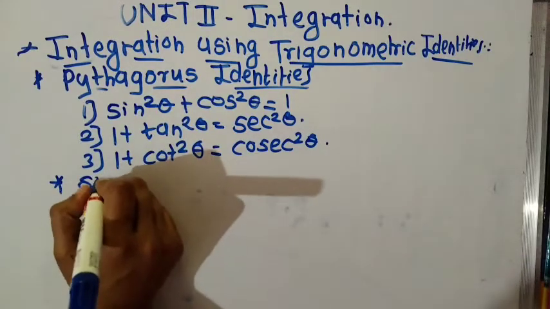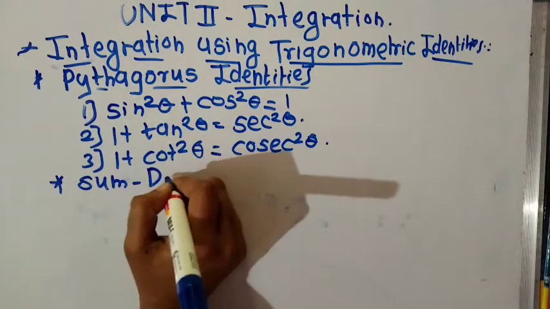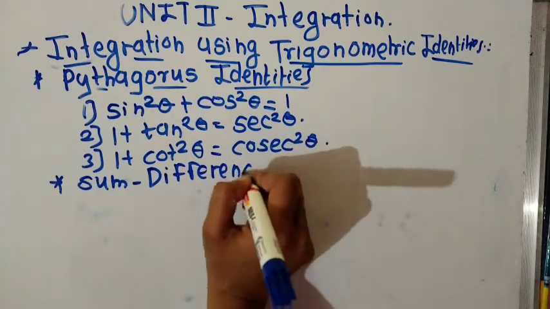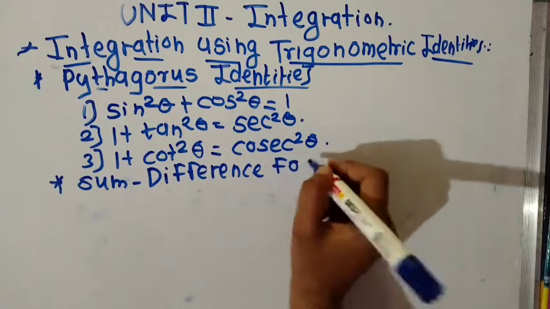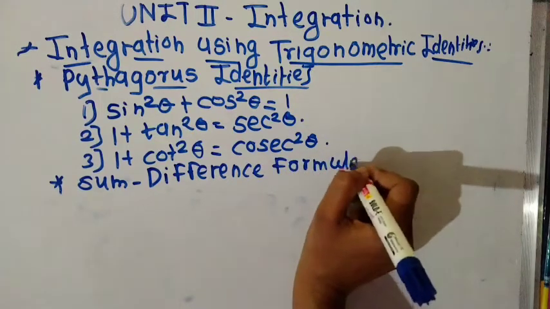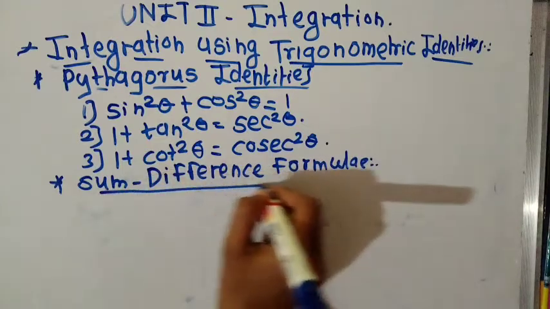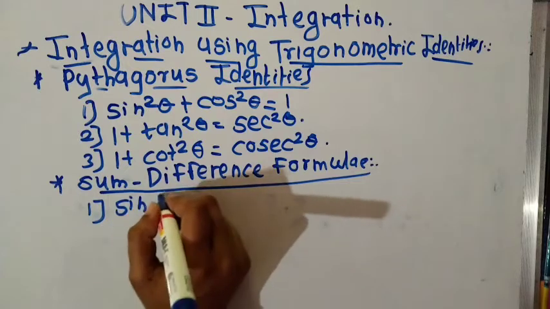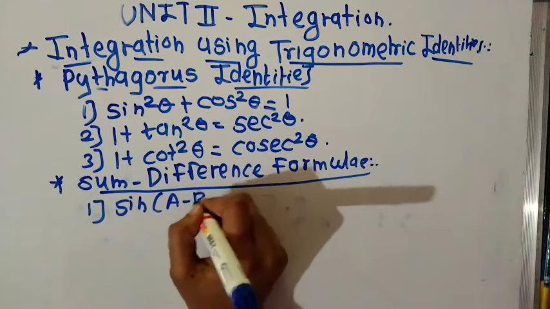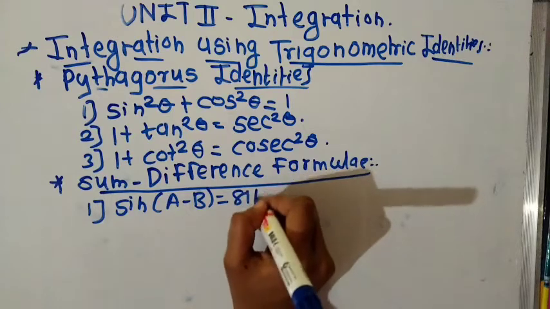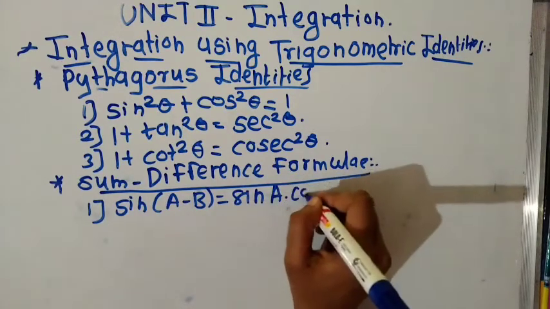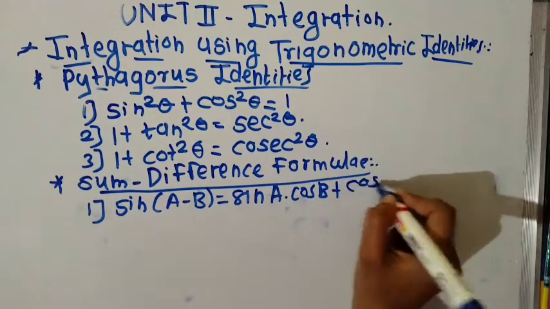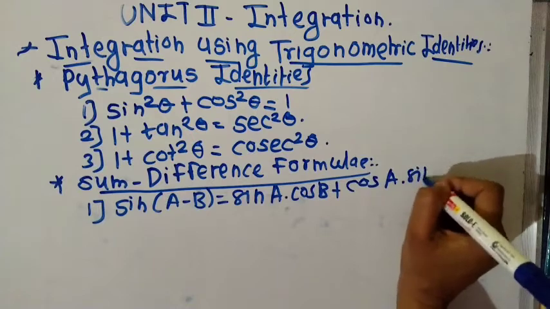Then next is sum difference formulae. First is sin a plus b is equal to sin a into cos b plus cos a into sin b.